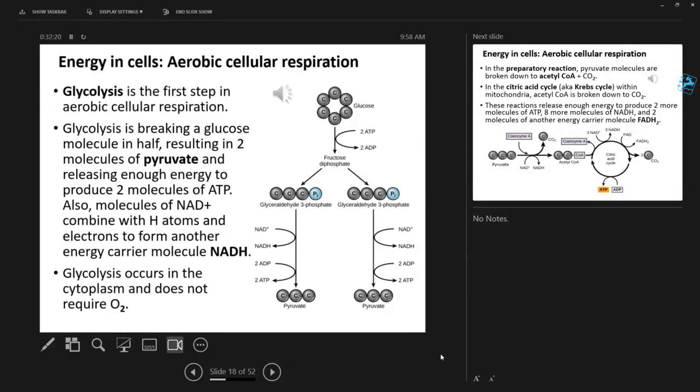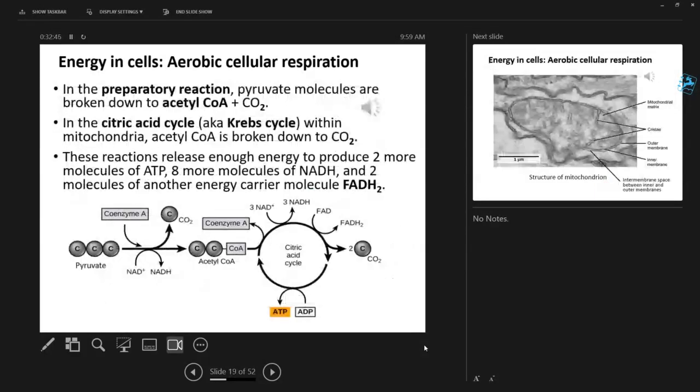Just in this first step, we've already made 2 ATP molecules and recharged some of this stuff. So this could be considered a metabolic pathway because this first reaction made this pyruvate. Now in the next step, the pyruvate will be a reactant and be further broken down.